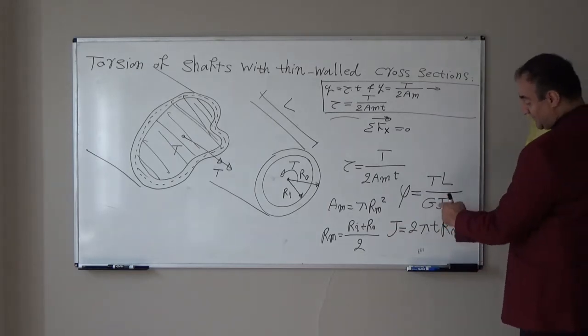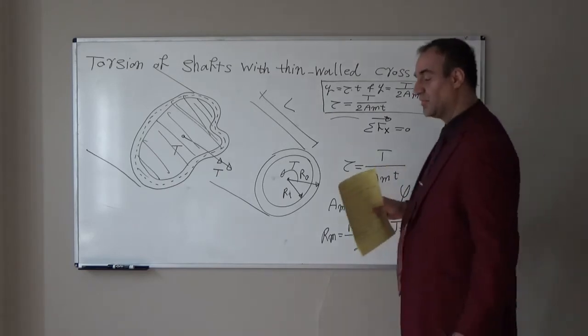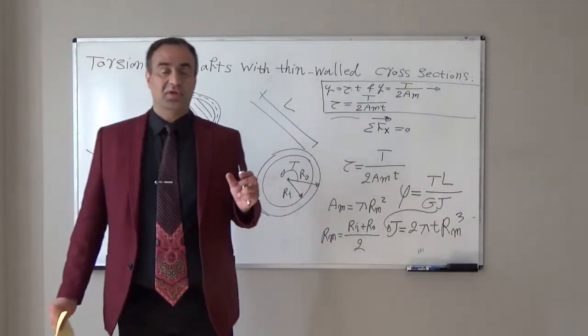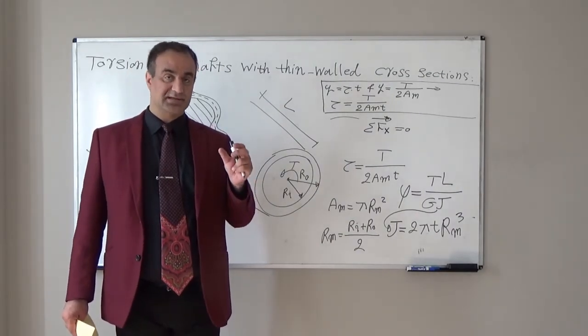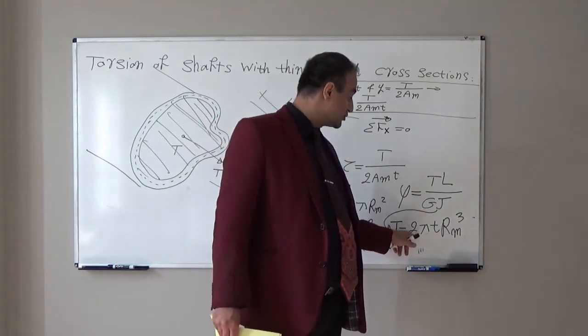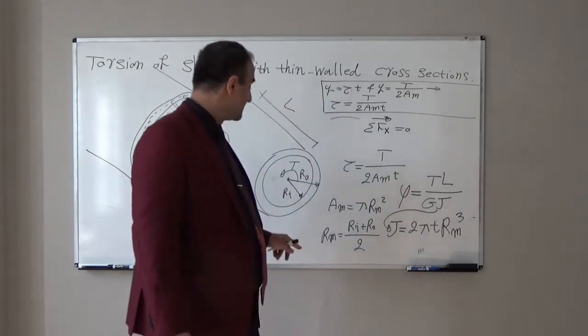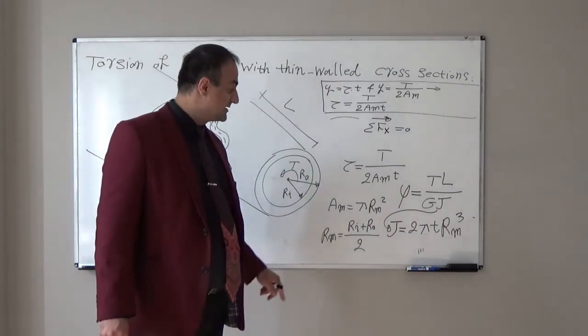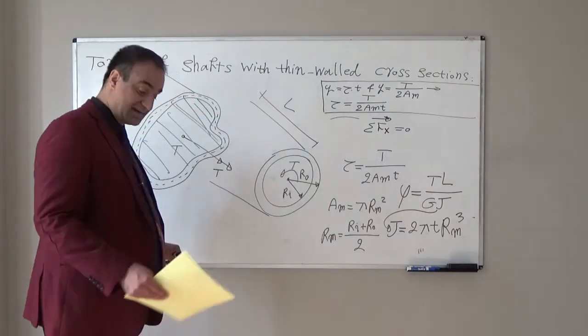So instead of J, the polar moment of inertia, for a thin-walled cross-section, it is 2 pi t Rm cubed, and Rm is the average radius. You can plug that in here and find the twist angle.